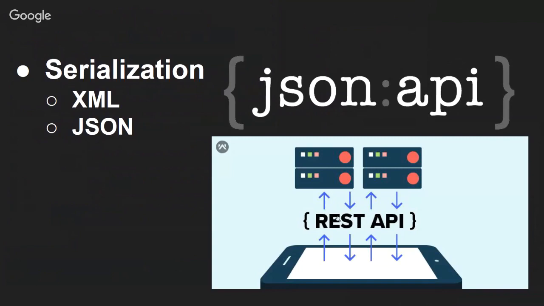The REST APIs answer with documents that are serialized with XML or JSON. Actually, right now JSON is more used than XML, but that will depend on the API that you want to talk to. But it's really useful with the REST APIs.